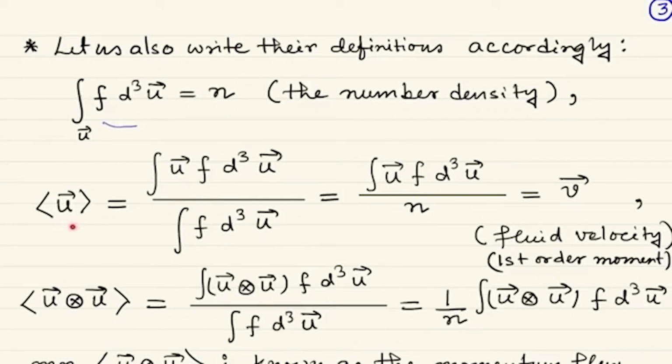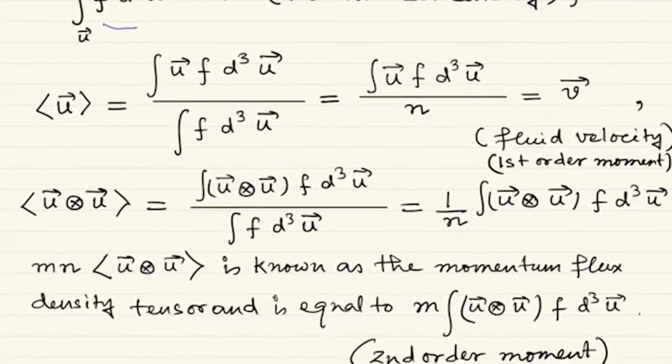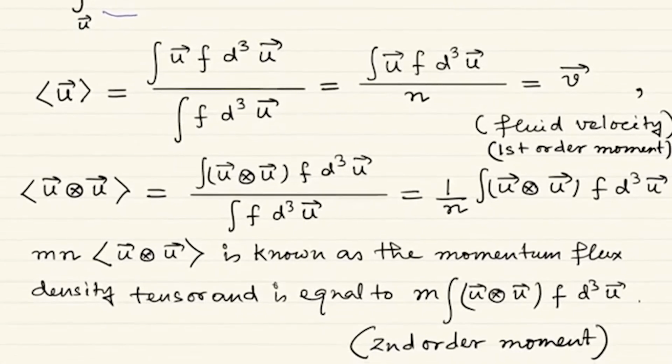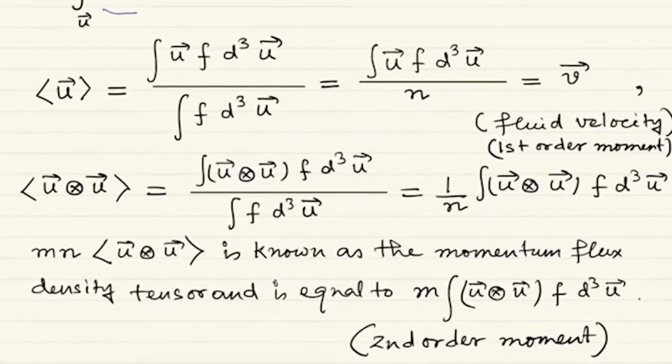Then what is u? Already I defined this is v, and that should look like this. Once again, u tensorial u averaged is 1 by n integration u tensorial u f d cube u. Already I discussed these things. Now this thing, m n times u tensorial u. One thing that should be clear is that u tensorial u inside the angular bracket should have the dimension of u square.